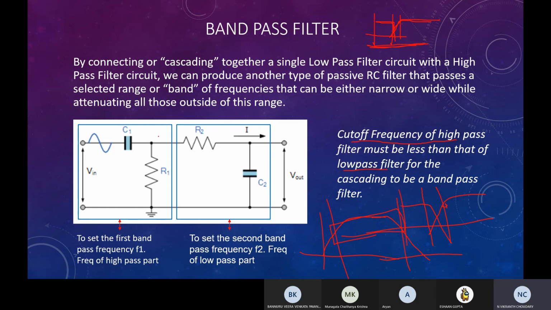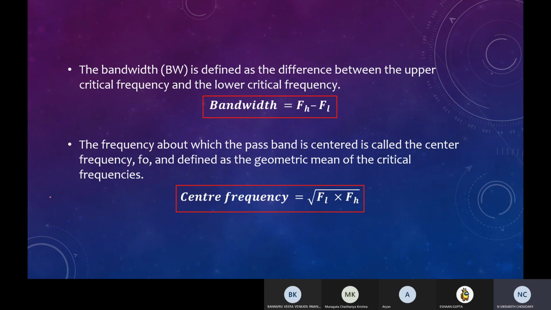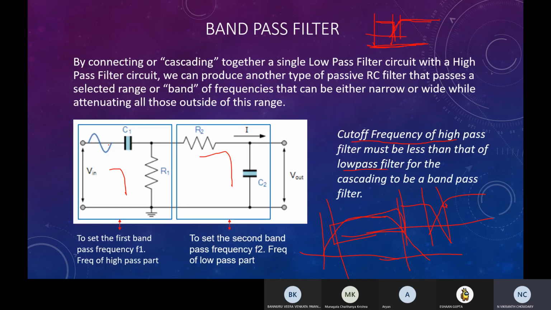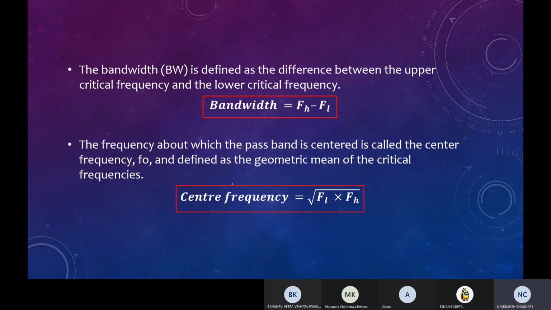And they are connected in series. As you can see, the first circuit is a low pass filter and the second circuit is a high pass filter. R and C are reversed. Even here, the frequencies remain the same. 1 by 2 pi R1 C1 would be the cutoff frequency of the low pass filter, and 1 by 2 pi R2 C2 would be the cutoff frequency of the high pass filter.